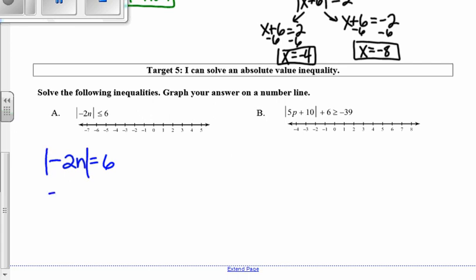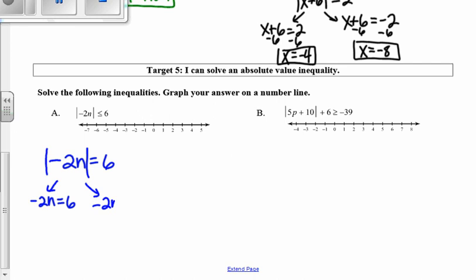So you would have negative 2n equals 6, and negative 2n equals negative 6. Very similar to what I did above. I just changed the inequality symbol to an equal sign. So I get n equals negative 3, and over here I get n equals positive 3. So on our number line, we have to decide what to do at negative 3 and positive 3.